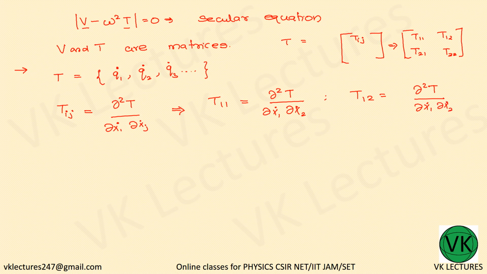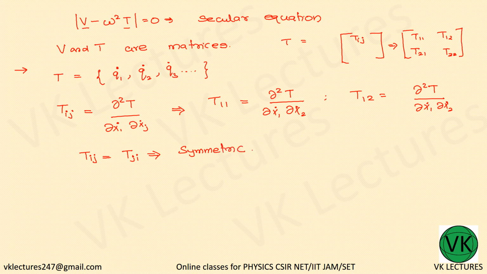This is how we can write the kinetic energy matrix. We have to note here that Tij will be equal to Tji. This is because the matrix is symmetric. This is a symmetric matrix.